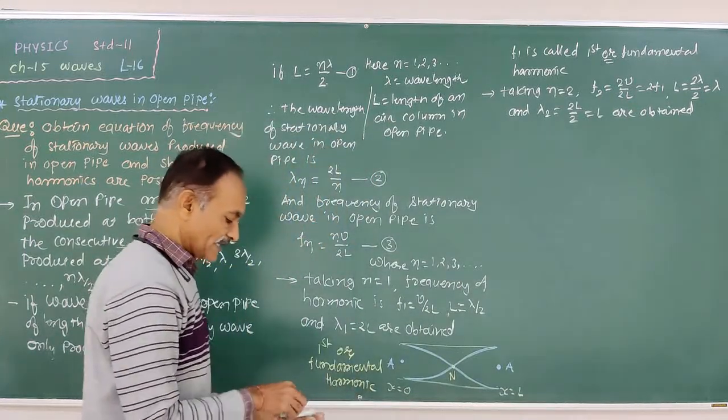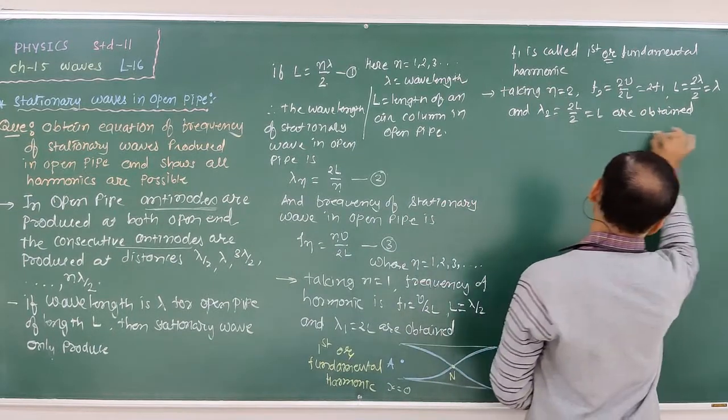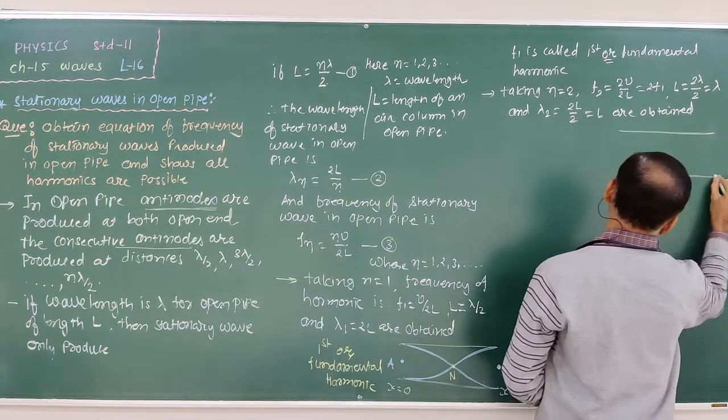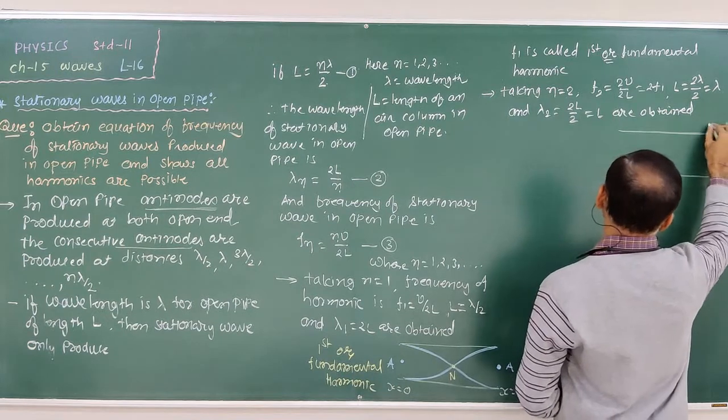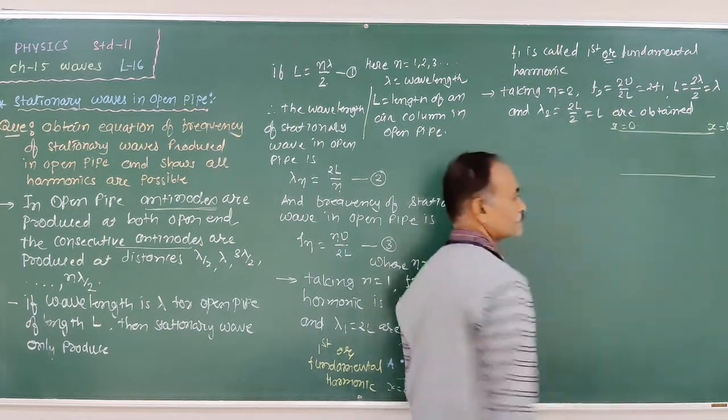Now, what is the diagram or what is the stationary wave when the air column in an open pipe oscillates with the second harmonic? So there is x equal to L and x equal to 0.